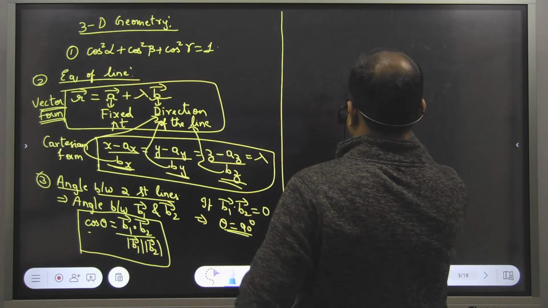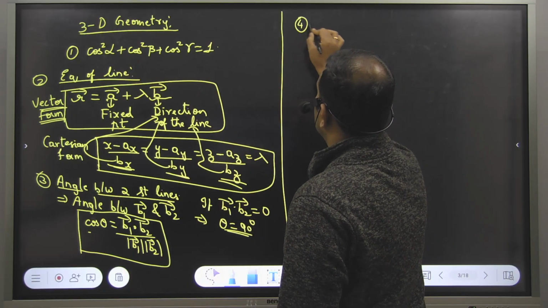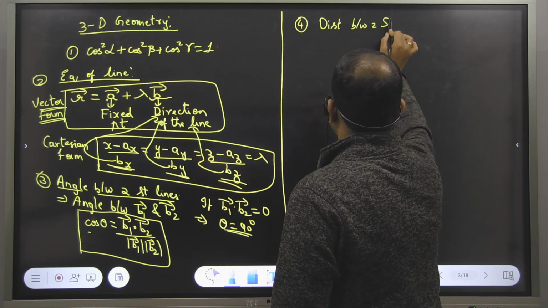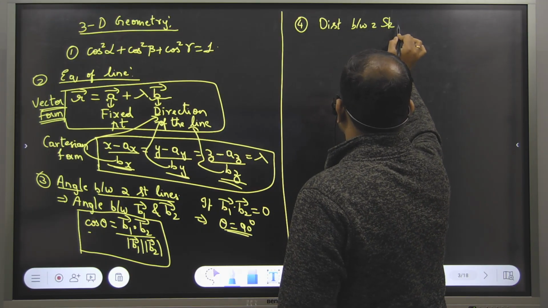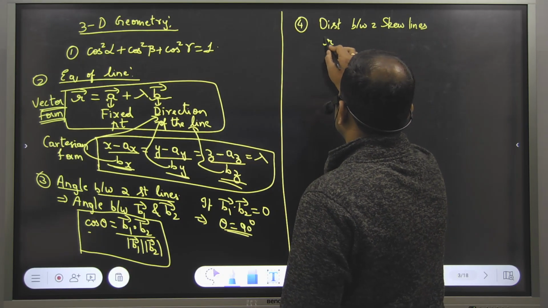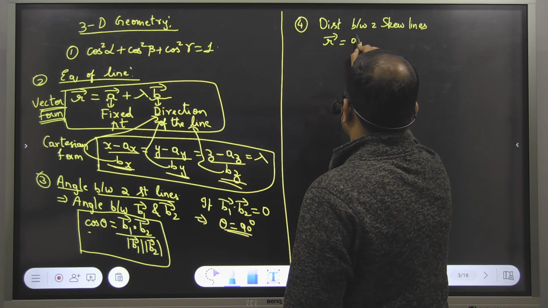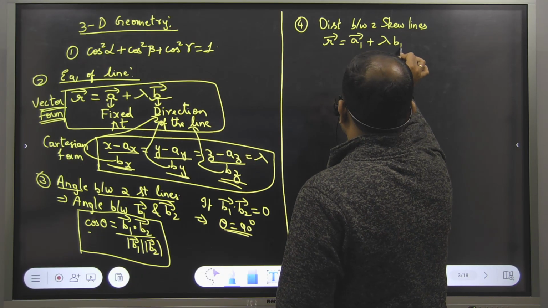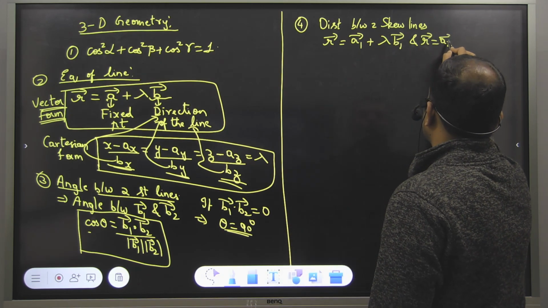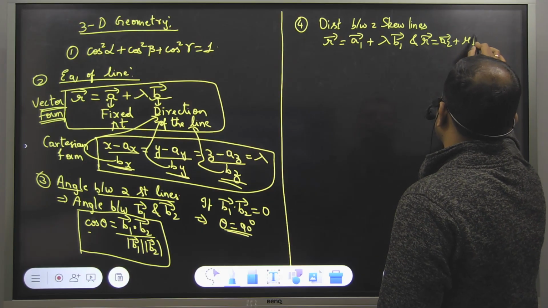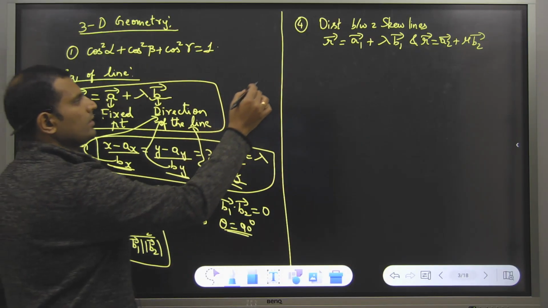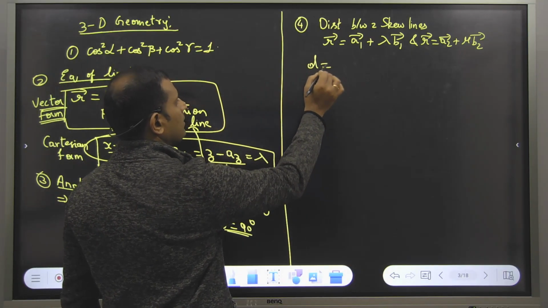So now we just have two more formulae. Distance between two skew lines, r equals... anyone remembers formula for this distance between two skew lines?